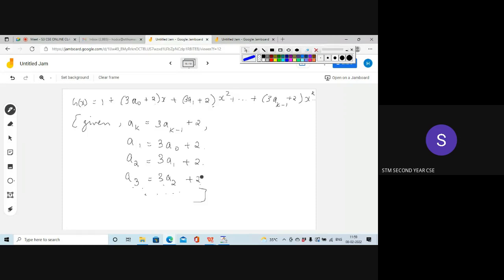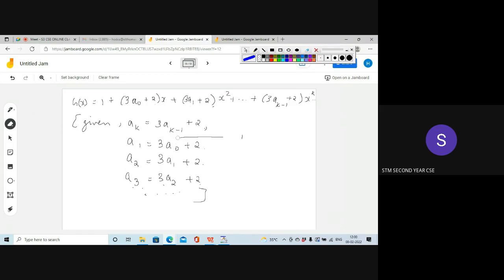So take the given equation, substitute for 1, 2, 3, etc., and then find a1, a2, a3 and substitute in the general equation. You know that a0 is equal to 1, but don't substitute here because that is another method. We are going to use the generating function method. We are not going to follow the iterative method.